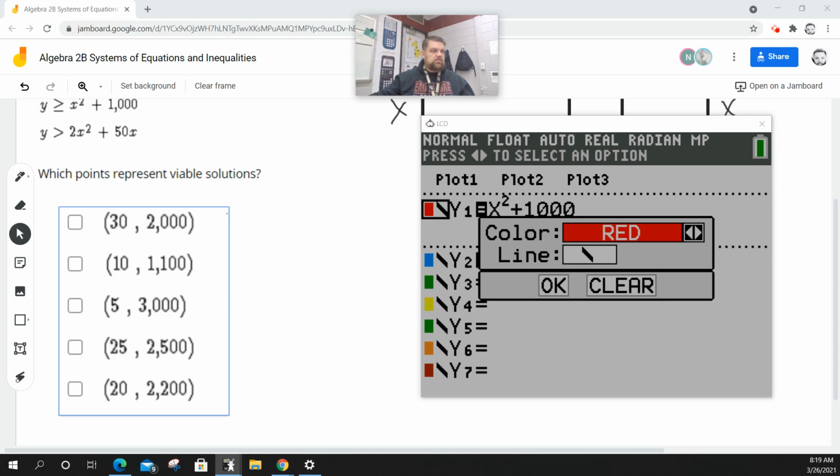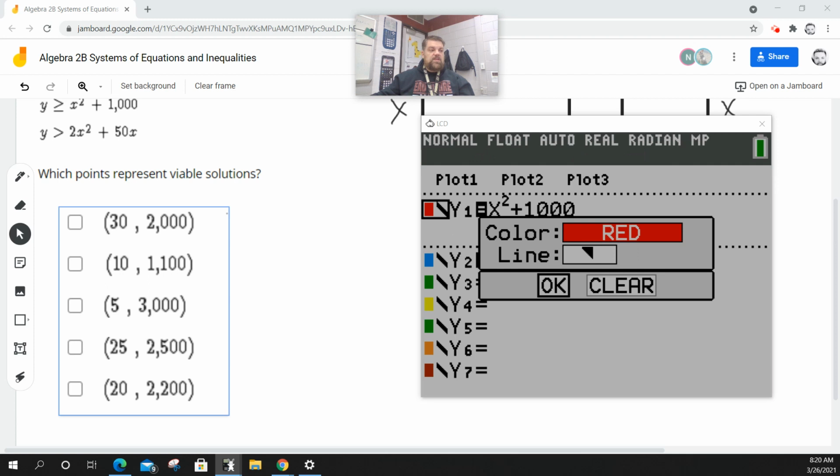If I hit enter and scroll down, I'll leave it red, but I'm going to scroll down here. Now that means greater than. This means less than. And this is the dotted, but we want greater than, because above the line, greater than y means above, right? So whenever we do greater than, we're going to shade above the line. Okay, so I'm going to hit OK.